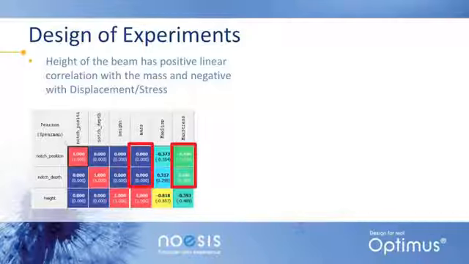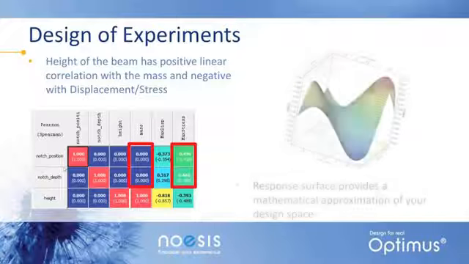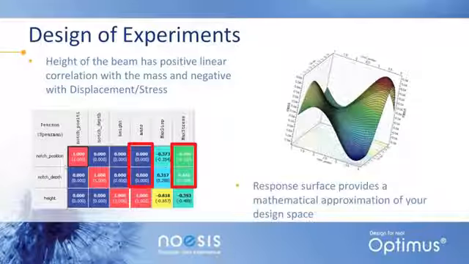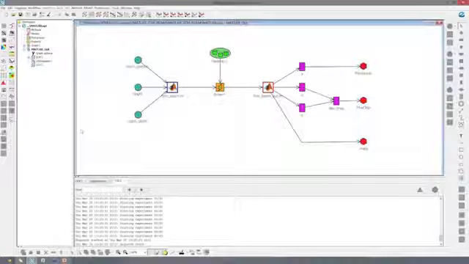We notice that the changes in the notch position and the notch depth have very little influence on the overall mass, but they do have a significant influence on the maximum stress that's seen. So this is some information about the design which we didn't previously have. In addition, we will be able to create a response surface, a mathematical approximation of the model.